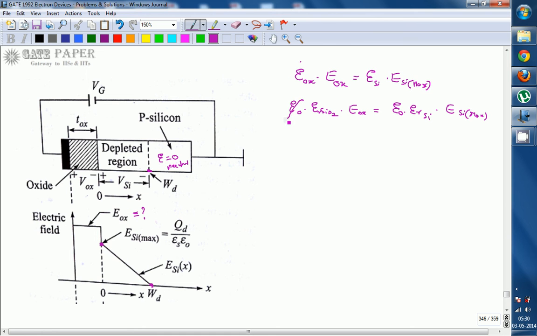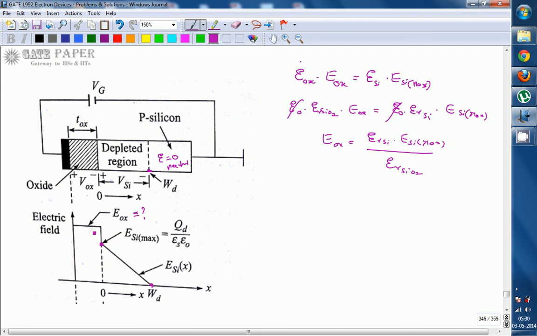So epsilon naught cancels, and what you get is E_ox equals epsilon_r of silicon into E_Si maximum, the maximum electric field in silicon, divided by epsilon_r of SiO2. So the electric field in the oxide layer can be calculated if you know the maximum electric field in silicon. So how to calculate the maximum electric field in silicon?